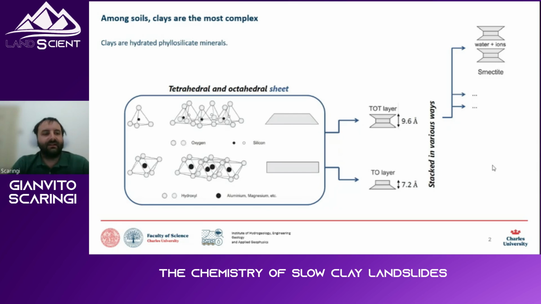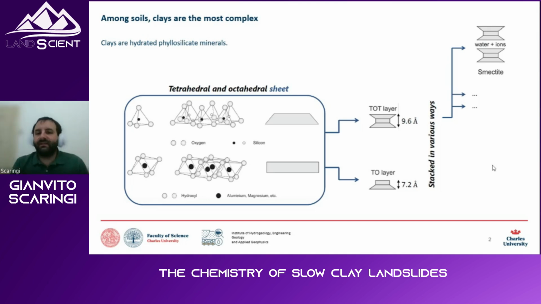So clays are hydrated phyllosilicate minerals. They have a complex structure inside. They are basically made of a succession of sheets of tetrahedral silica and octahedral alumina, and these layers are very thin, at the Angstrom scale in thickness.